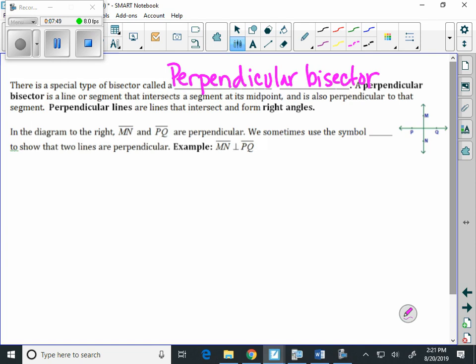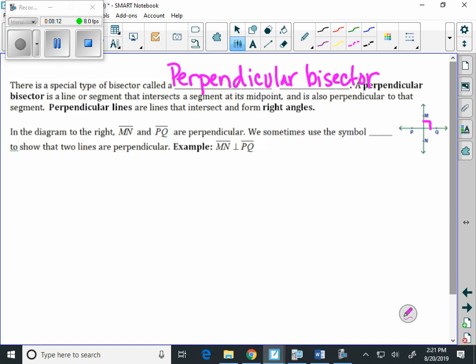So when I look at this small picture to the right, the first thing that I think when I think perpendicular bisector is that it intersects at a right angle. And we denote a right angle with a box. In this diagram, MN and PQ are perpendicular.